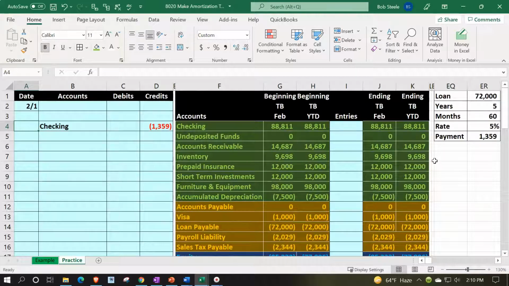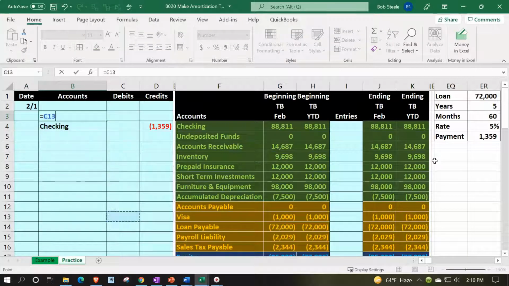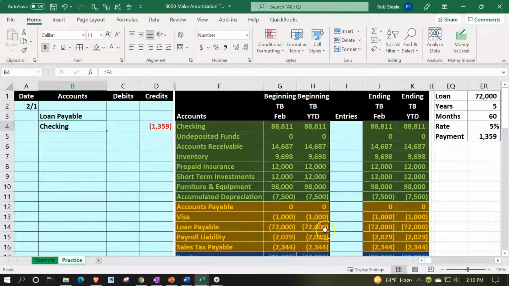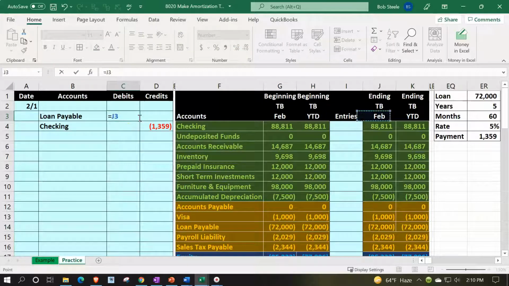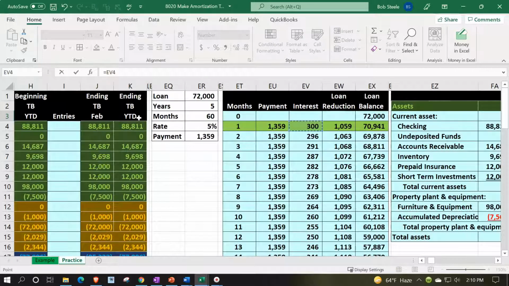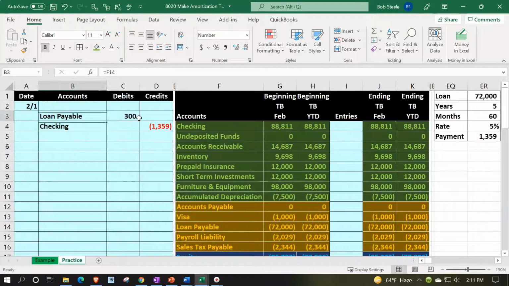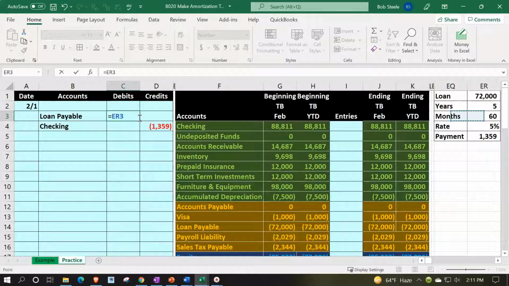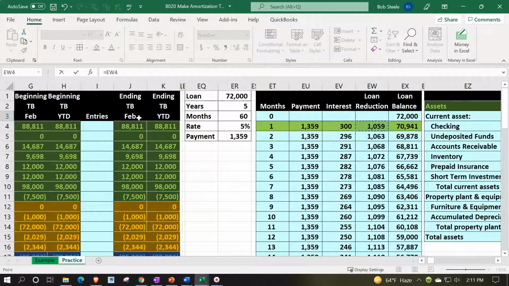So that's pretty straightforward. And then you've got to break out between the interest portion and the loan portion. So in other words, how much is the loan going down by? The loan, you'll see, is a credit balance account over here at $72,000 on the books, but it's only going to go down by, as we can see over here, the 1059 about.